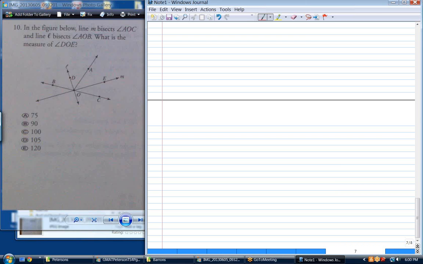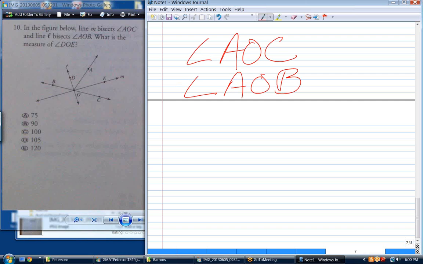Let's proceed with the way you just said. Well, you don't really know. But we do know something about these two angles. What do we know about those two angles?